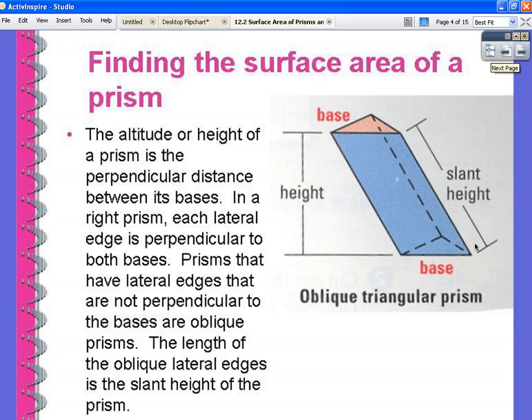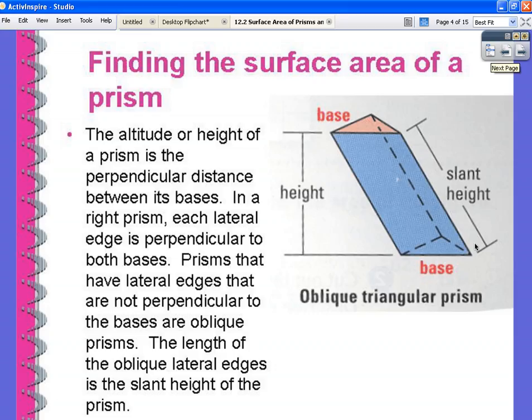The bottom base is sitting on the coffee table, flat, and the top base is above it, off to the side a little bit this time, and the vertical distance between those is the height. So if I drop a tape measure straight down to the coffee table, that's measuring height. The length of the lateral edge now is what we call the slant height, which is going to be bigger. Yeah, the slant height is going to be greater than the height, isn't it? Okay? All right. Questions on that? Okay, so far so good.